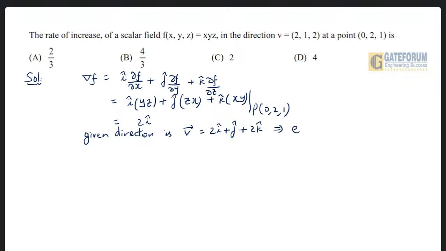Implies e cap is equal to v bar. So instead of this v, I have taken v bar. So this means the point 2 comma 1 comma 2, that is the direction 2 comma 1 comma 2. So v bar by mod v bar.